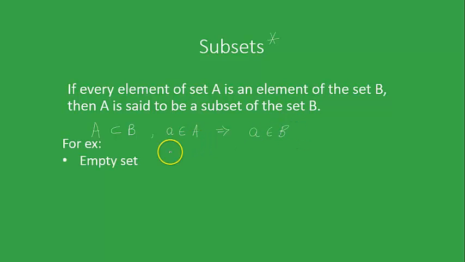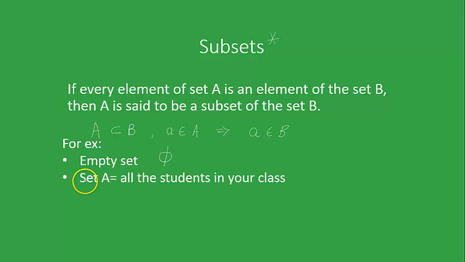For example, the empty set contains 0 elements, so it is by default a subset of every other set. Let us look into a more common example. Let set A denote all the students in your class and set B denote all the students in your school.